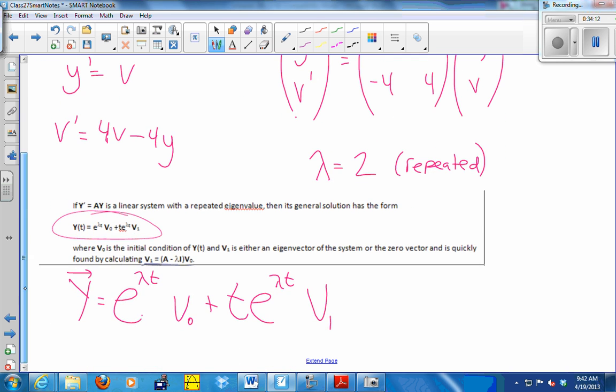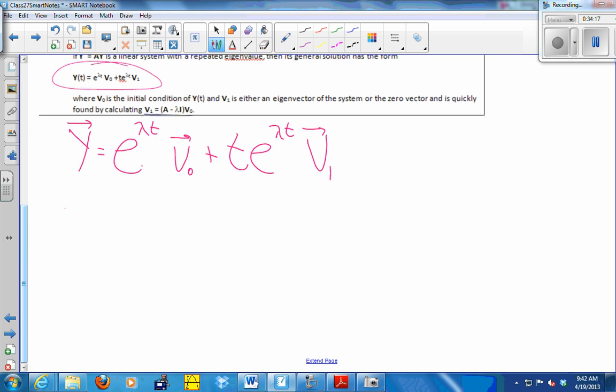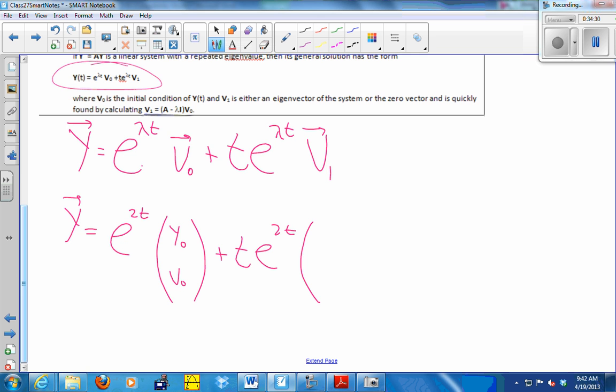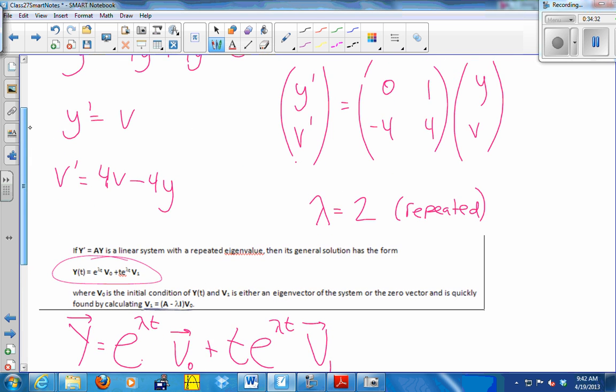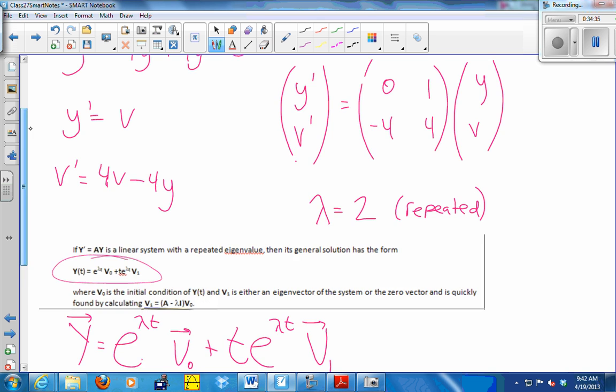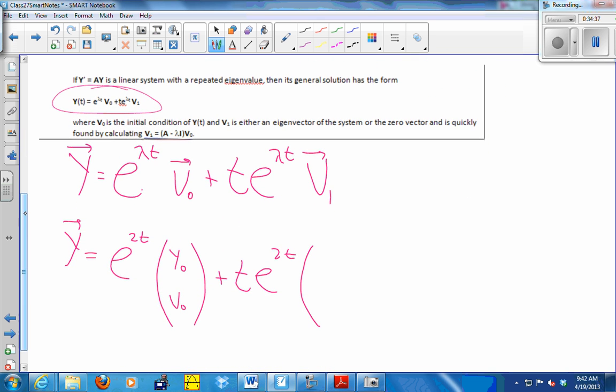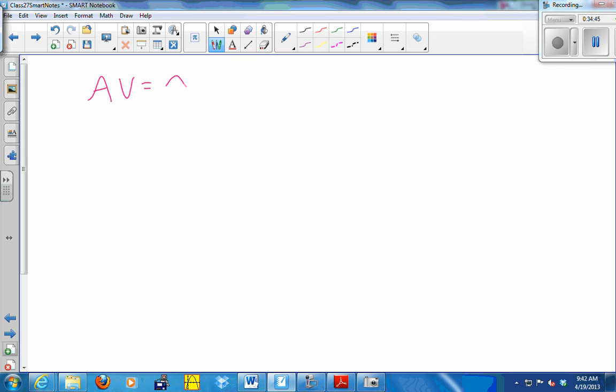Oh yeah, we don't know that. Okay, sorry. It's just y naught, v naught. And V1 is the eigenvector associated with lambda, right? So we solve that by doing AV equals lambda V, how we always get it, right?